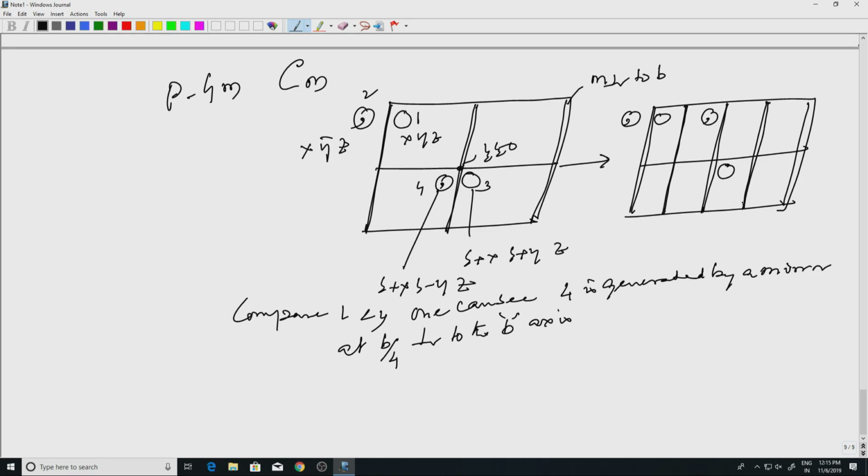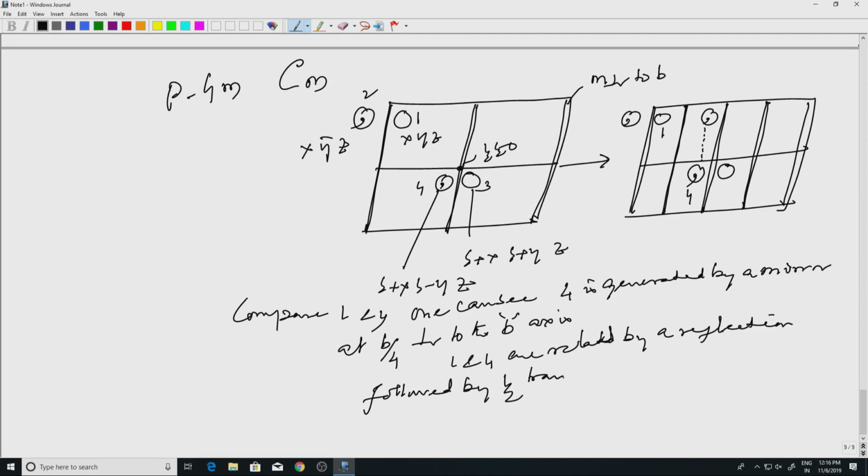But this is getting shifted here. So we can see that this 1 and 4 are related by a reflection followed by half translation along the axis.